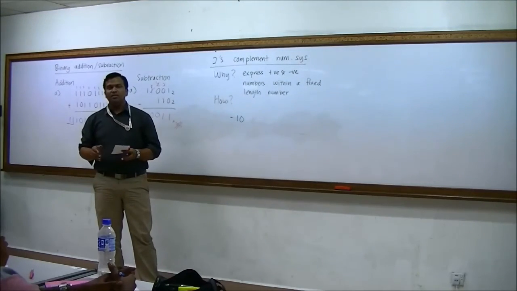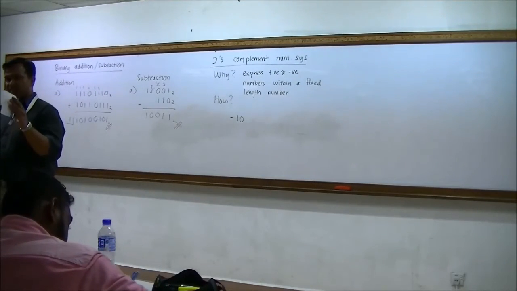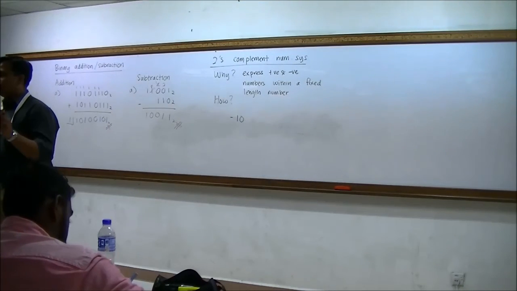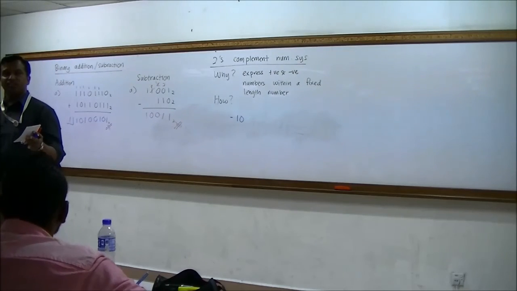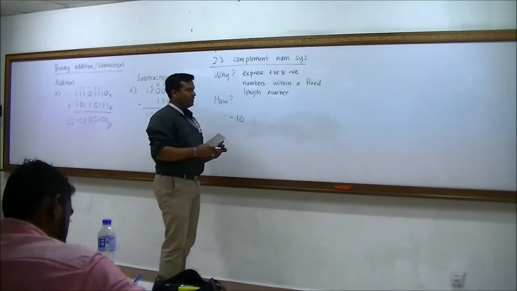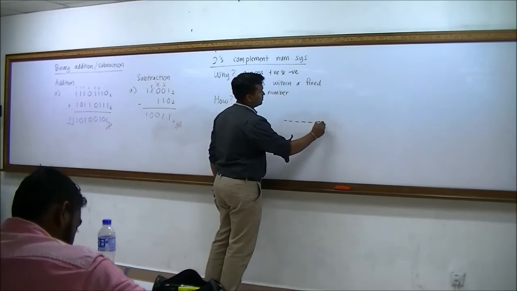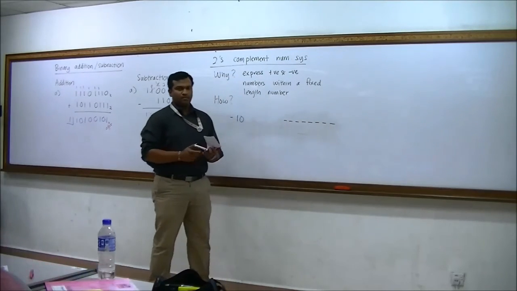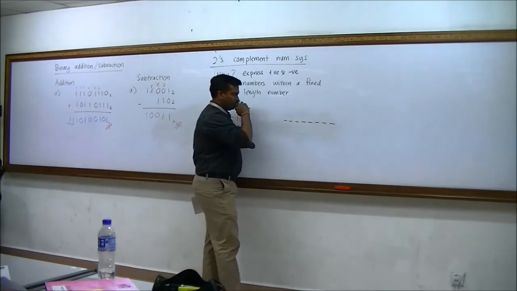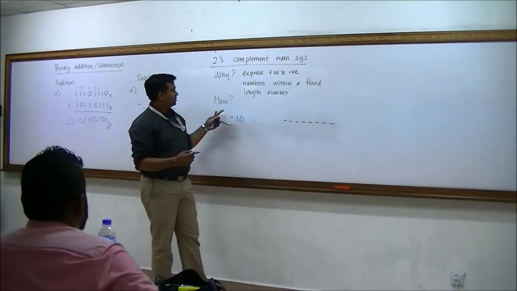That means now we are operating on 8-bit microprocessors, so we have only a fixed length of 8 bits. Within these 8 bits, we need to represent both positive and negative numbers. How to do that is by using two's complement number system. So let's say we have 8 bits. This is a fixed length. So how do we want to represent the positive and negative? Next question.